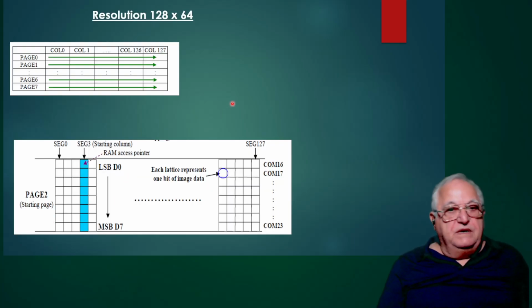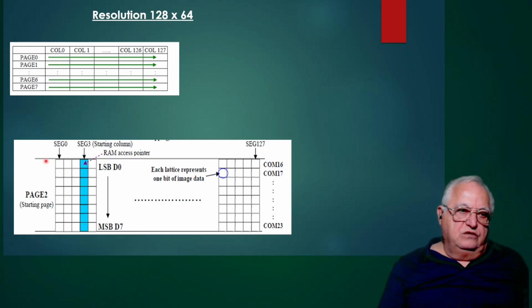Now let's look at some specifics about the display. The display is 128 pixels by 64. Now how have they organized this? They've broken the display down into 8 pages, and each page has 128 columns.